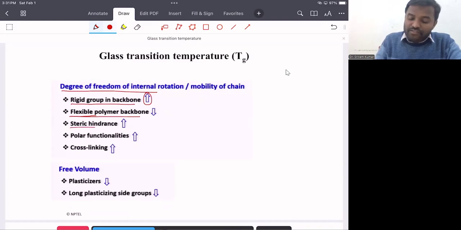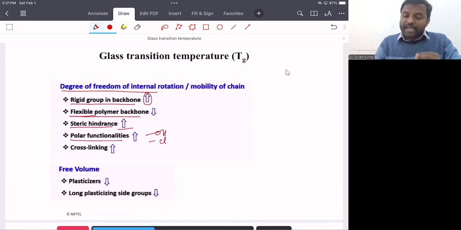And if you increase the steric hindrance in the backbone, you are increasing the glass transition temperature. Further, if you have polar functionality, for example polar groups like OH or chloride in the backbone, because of the intermolecular interaction there is an increase in the glass transition temperature. Again, you can increase glass transition temperature based on cross-linking.